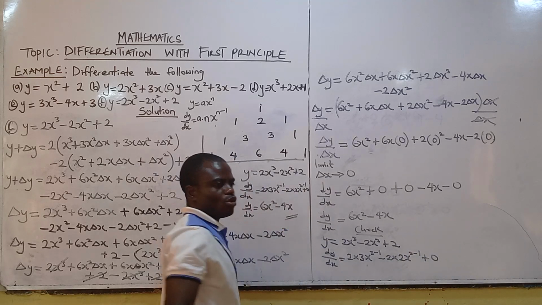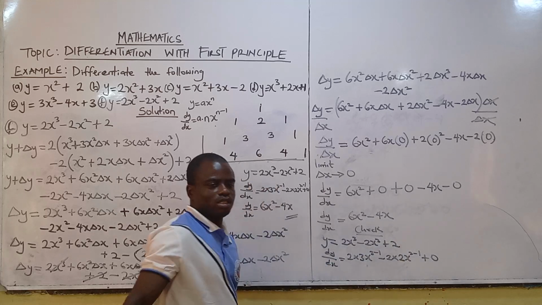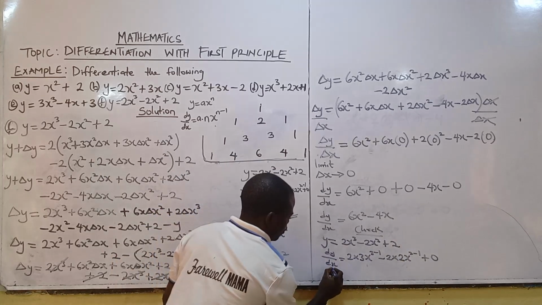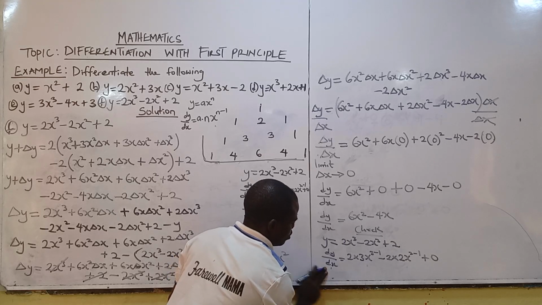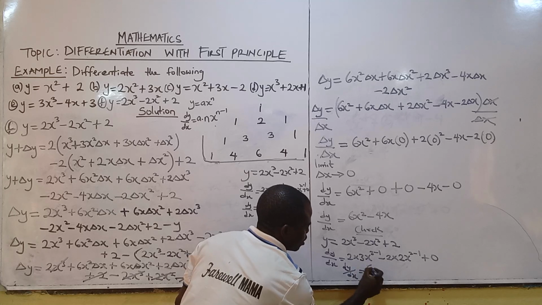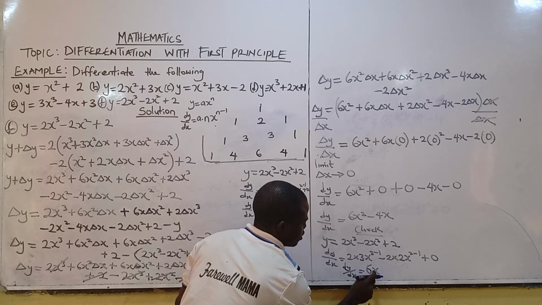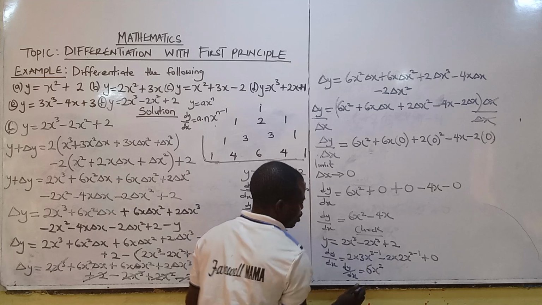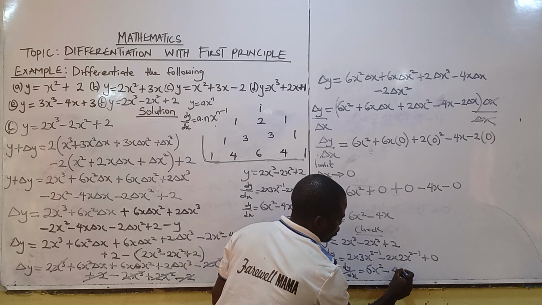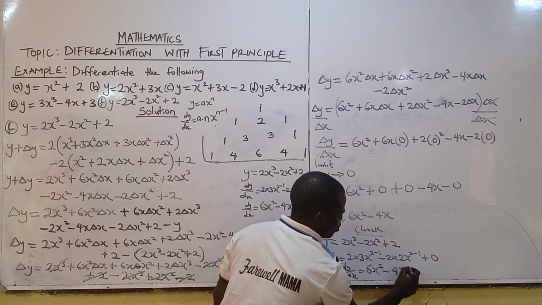I told you that when you are differentiating a constant, it is always 0. dy over dx equals 6, 2 times 3, that's 6. 3 minus 1, that's 2. 6x squared minus 4, x to the power 2 minus 1, that's 1.